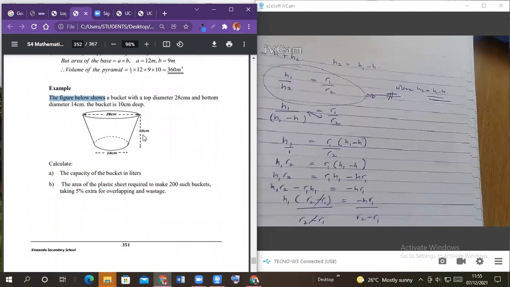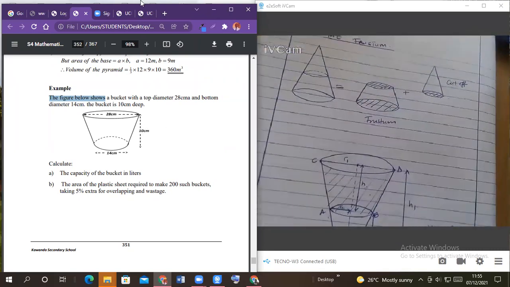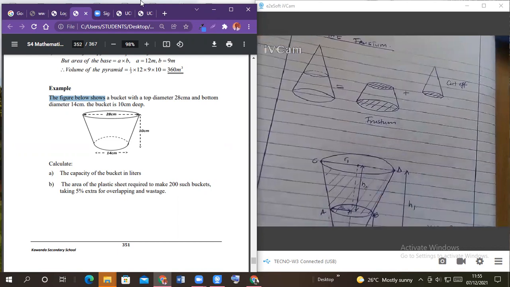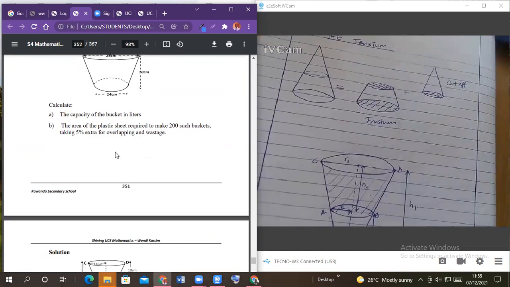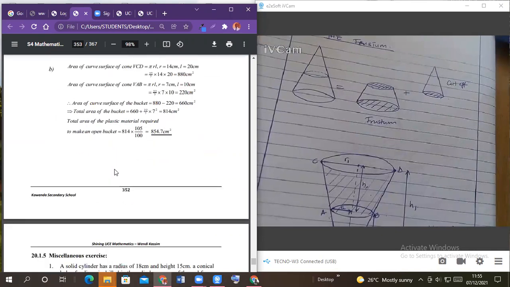So this is the bucket, and they have given you the height is 10 centimeters, the other edge, which is 10 centimeters deep. They're asking for the capacity of the bucket in liters. So this one is about volume, and they are saying volume of a cone. We have not looked at volume.